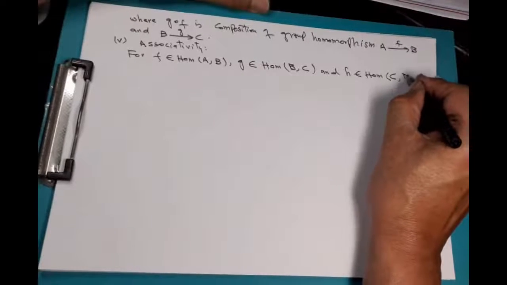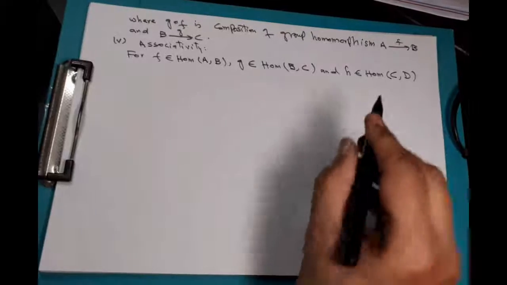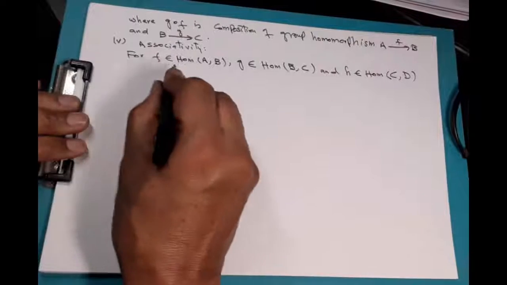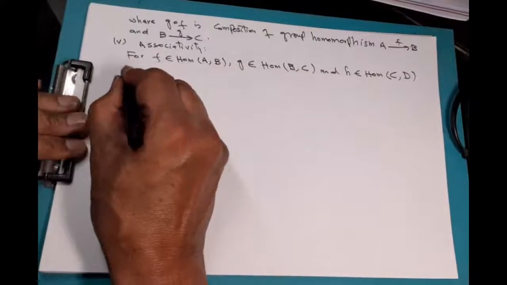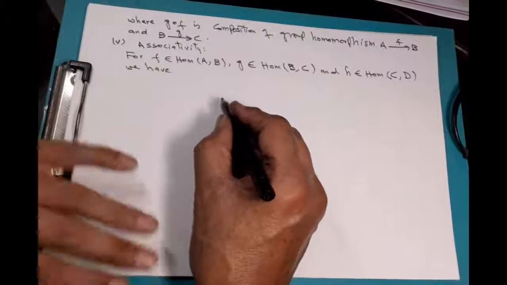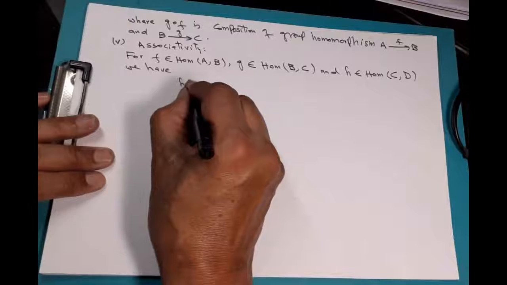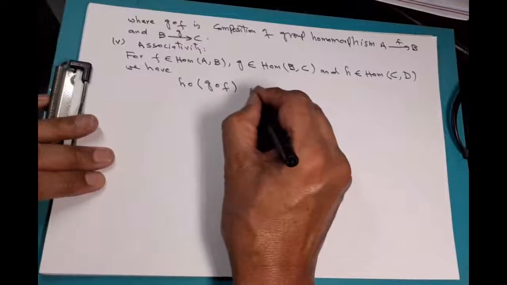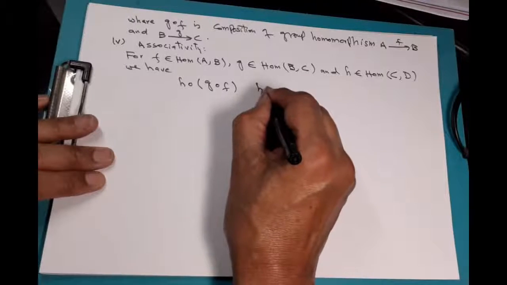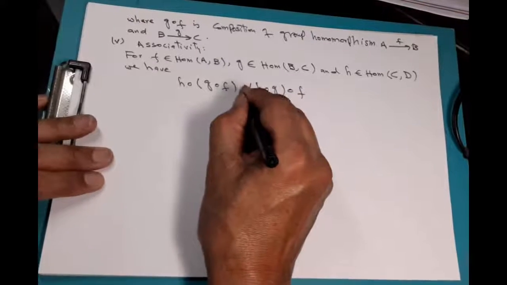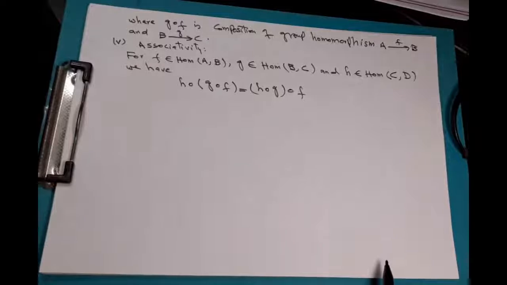This means that h is a group homomorphism from group C to group D. So for f, g, and h we have, if we compose h with the composition g circle f, or we compose the composition h circle g with f, these results are equal. That is, composition of group homomorphisms is associative.